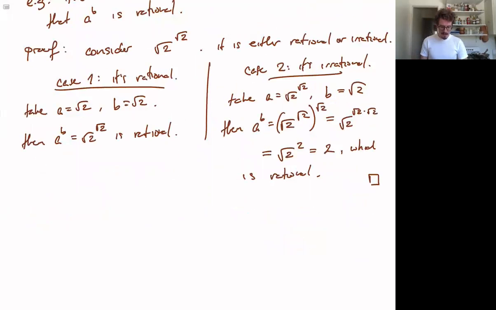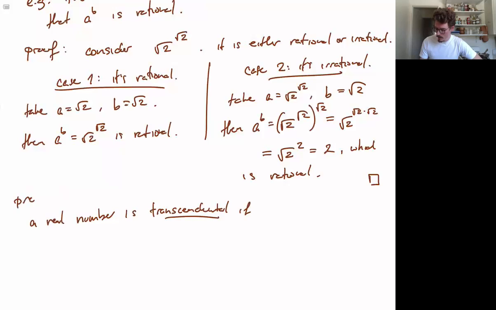And I don't want to go through this in detail right now, but I just want to give a preview of a topic that I'm hoping we can talk about next week, probably, which is the following. A real number is transcendental.